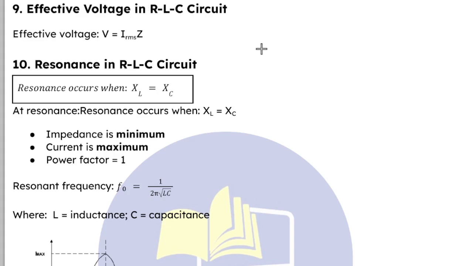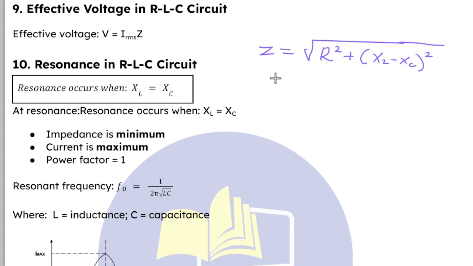You recall that in the previous video, we derived that Z is equal to the square root of R squared plus (XL minus XC) squared. Now we are learning that at resonance, XL equals XC. So if XL is equal to XC, this part is going to be 0.